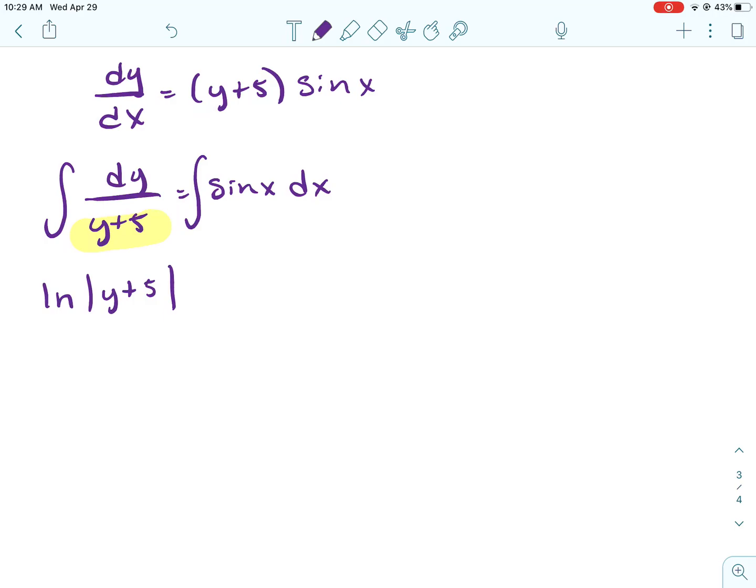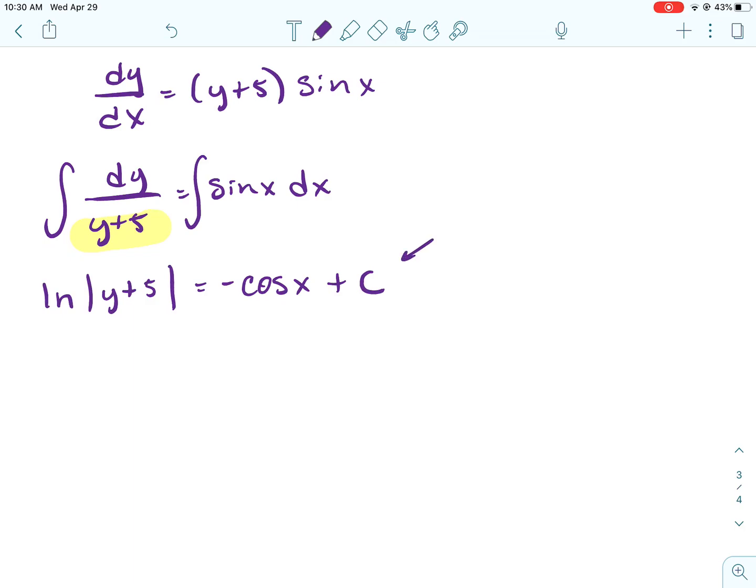But in this case, we are going to have to do the natural log. Now, double check what's inside the absolute value. If the derivative of that isn't 1, then you are going to need to multiply by the reciprocal of the derivative. But in this case, we're good because y doesn't have a power and y doesn't have a coefficient, so we're fine. All right, and then don't forget the antiderivative of sine is negative cosine of x, and then plus c.